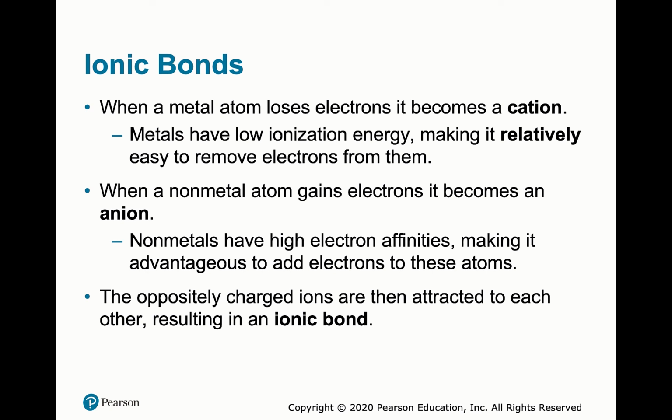So for ionic bonds, when an atom loses electrons, it's called a cation. So not "cation," cation. And if you have a hard time remembering if it's positive or not, think of the T as a plus sign. And generally speaking, the metals tend to have lower ionization energies, so it's usually easier to rip an electron off of them.